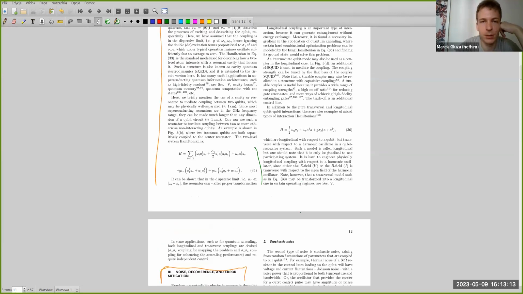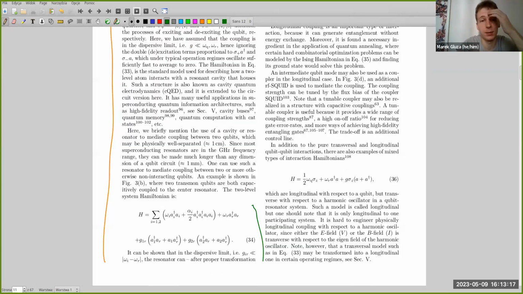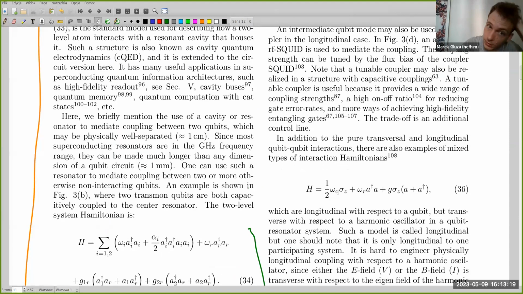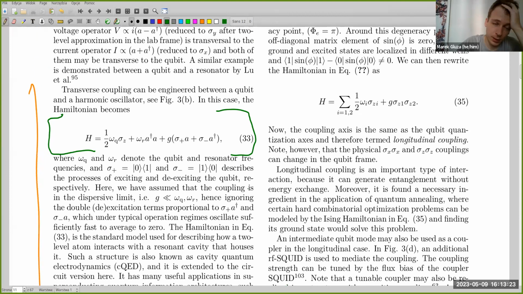It is expected to play a role, and it's a good question whether it was used. I think in this case, maybe not, because the excitation is just swapping from the qubit to the oscillator here. So maybe it wasn't used.